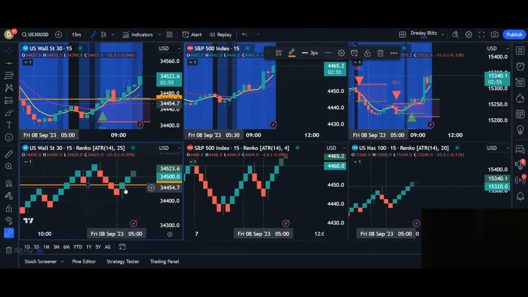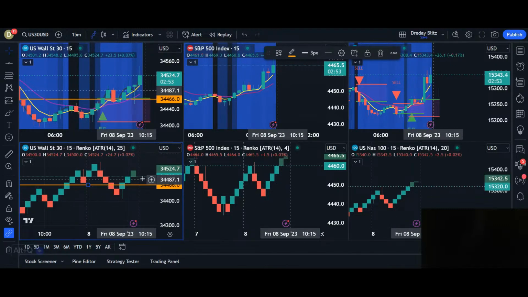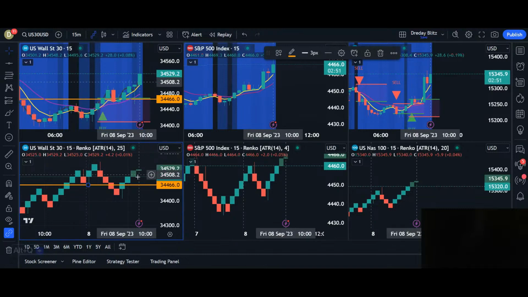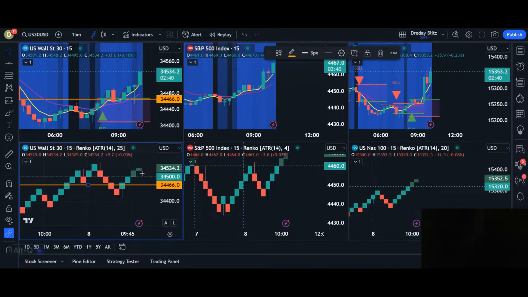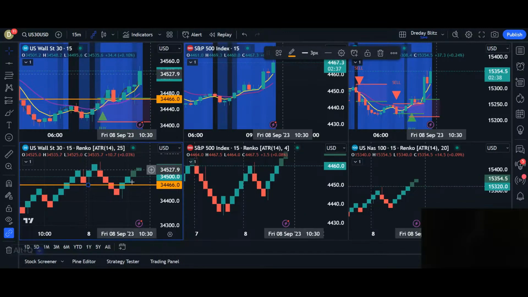So now on the current market condition, right now it's still showing long. And you see that there are future Renko bars here showing it's still going long, but those may change. That's why they're not solid Renkos.